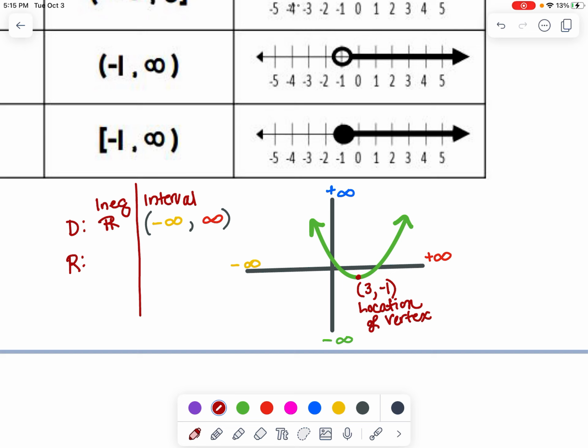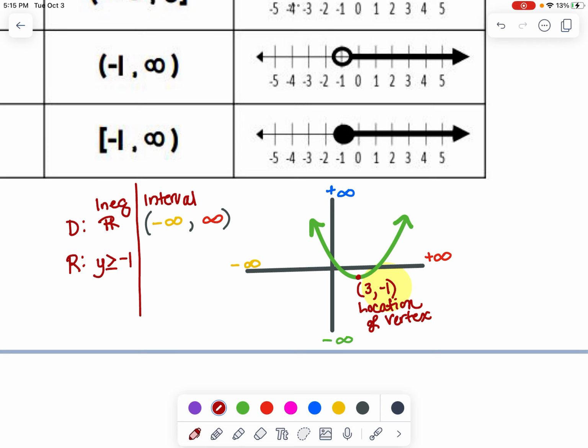And we see that from the location of the vertex, the y value of the vertex. So this is going to be everything above -1. So this would be y is greater than or equal to -1.